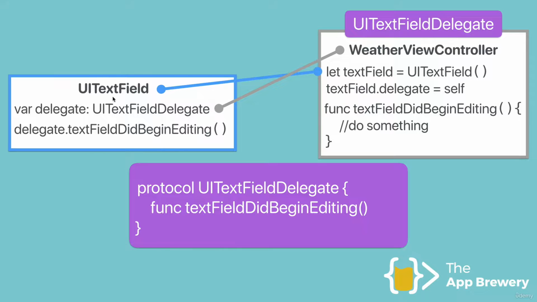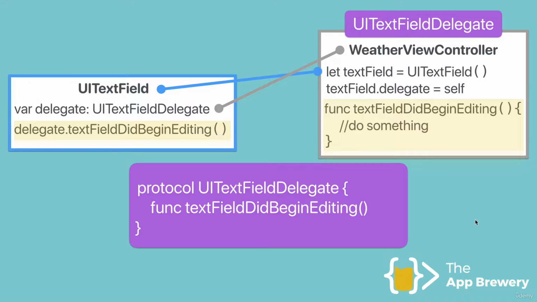The next thing that happens is our text field at some point detects that the user has begun editing in the text field. So it triggers this method, which tells the delegate the text field has begun editing. And this method gets called in the delegate, which is of course currently set as our weather view controller, which now triggers this method so that we can do something when the user begins editing in the text field.